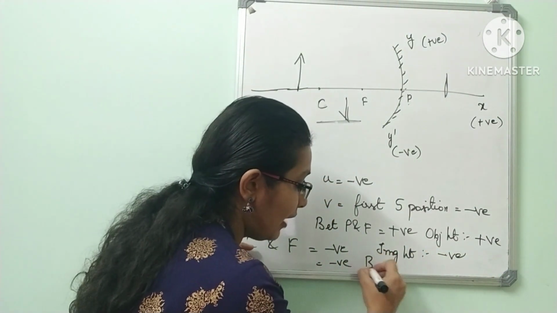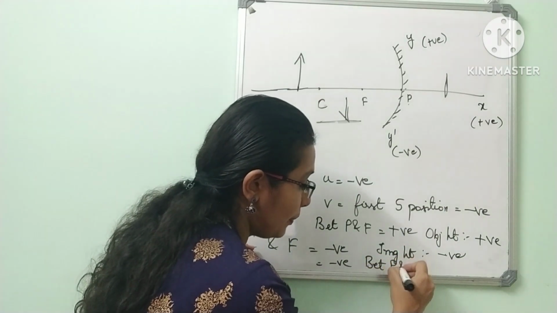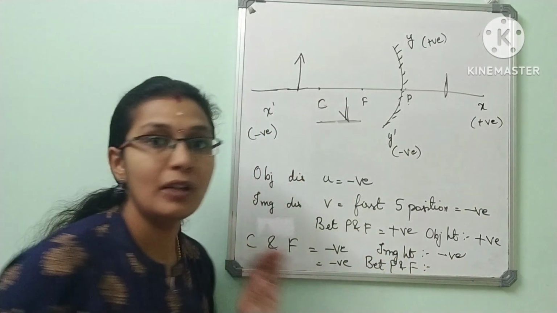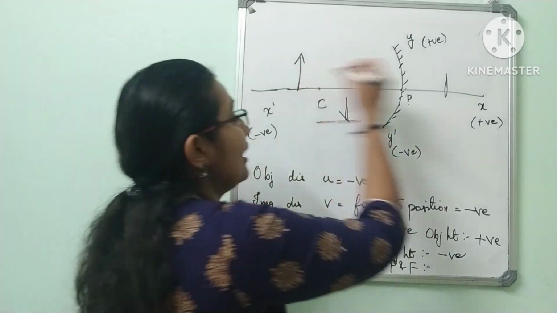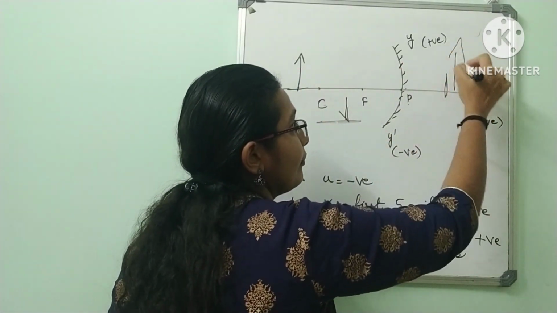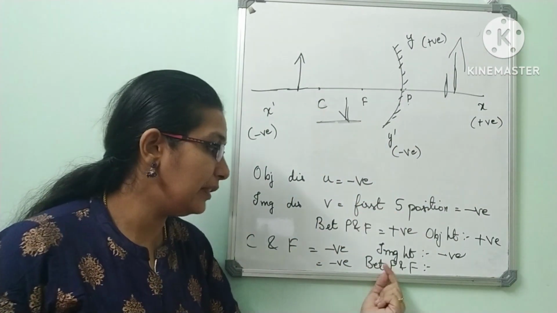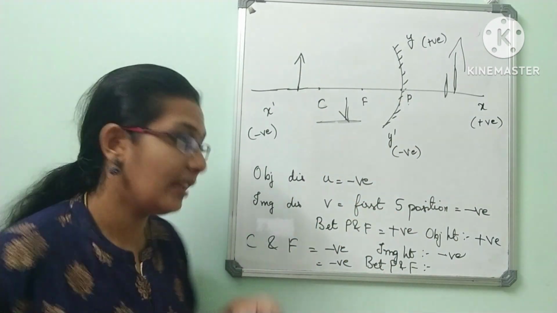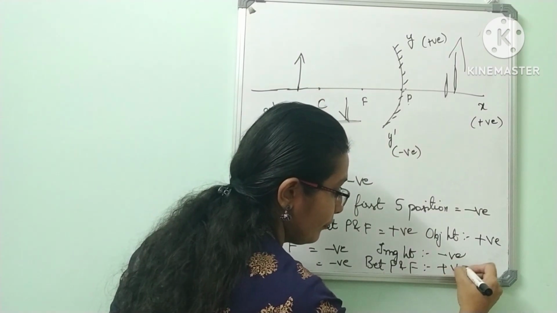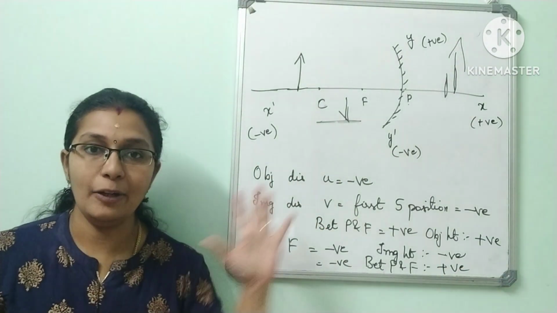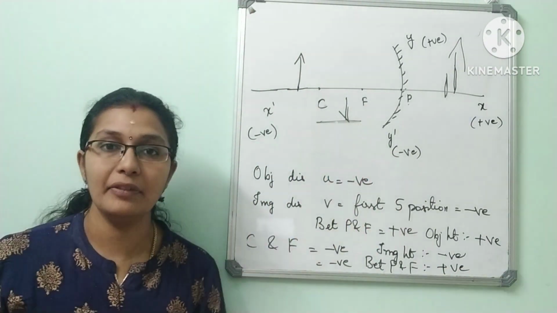But only in one case is image height positive, because you get a virtual and erect image. So erect image means on the same side, right? So along the y-axis only you will have the image. So between P and F alone, your image height will be positive. Clear? I hope you are all clear with the sign convention given.